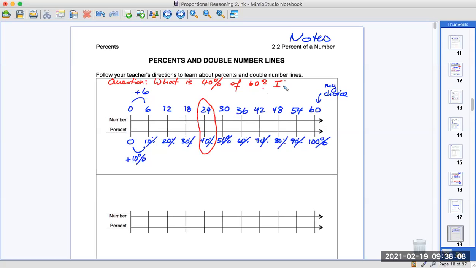It's 24. Right? So you can match it up. Another question. What is 15% of 60? Oh, wow, it's not on there.